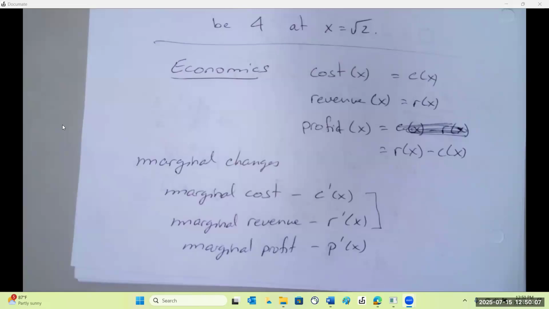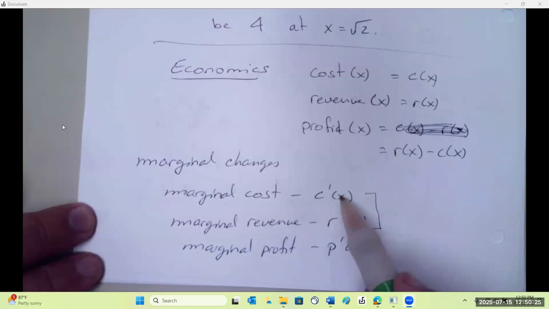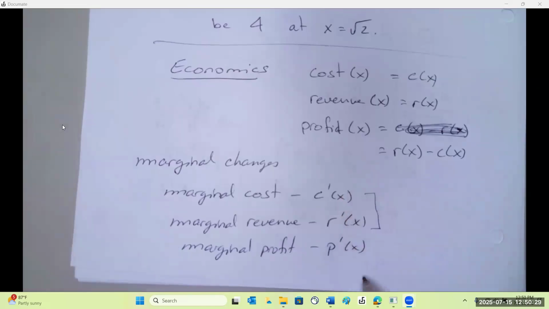Because they're differentiable, that means our profit function is also differentiable, which also means it has an extrema. You can find a maximum if the revenue is much larger than the cost, and you have a minimum if the revenue is less than the cost.